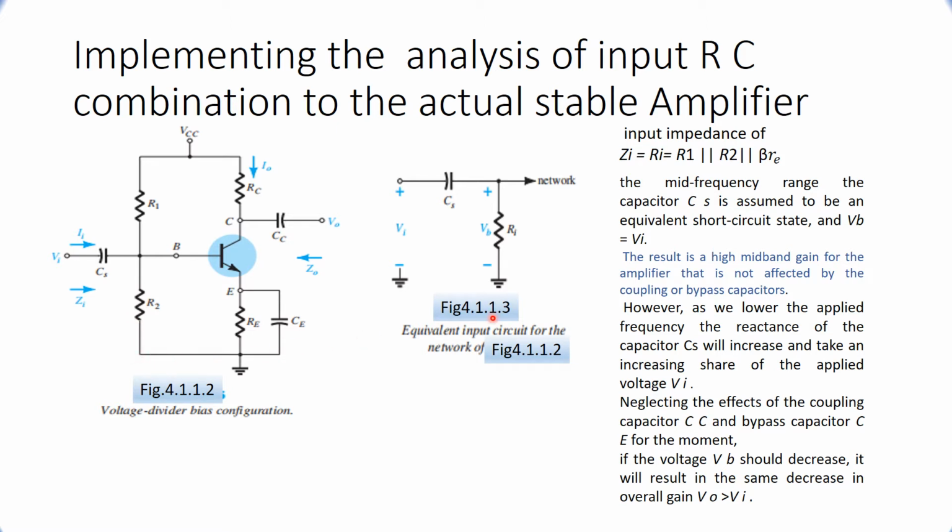Before going to the analysis, perform a DC analysis on this network. While performing the analysis, we have to find the input resistance. For that, you have to draw an AC equivalent of the given circuit.